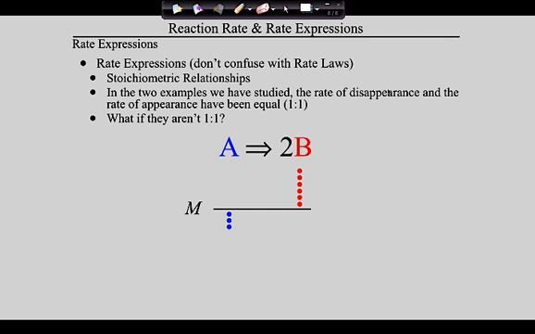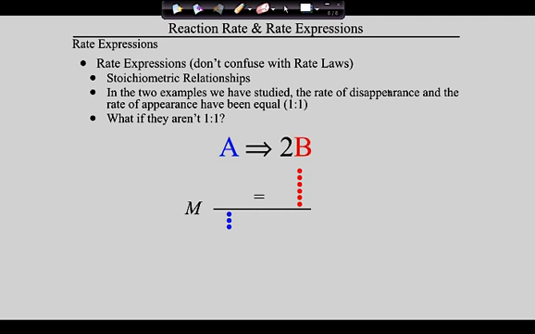But guys, the thought then becomes this. If A is going away at half the rate that B is getting created, in our previous examples, when it was 1 to 1, we knew that the rate that one was going down was equal to the rate that the other was going up. But what do we have to do if we want these to be equal?